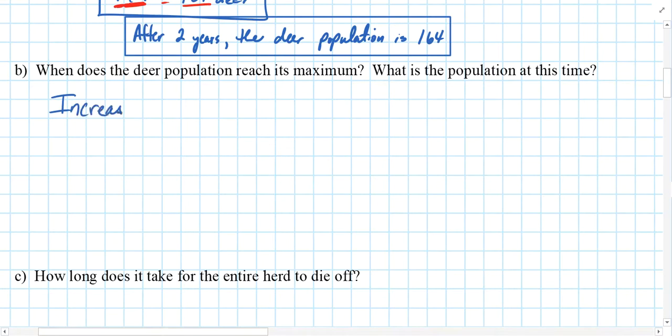Now remember, from our discussion in the last video, we noted that a maximum occurs when the graph changes from increasing to decreasing. So visually it would look something like this. If we've got a graph that's increasing from left to right, and it switches from increasing to decreasing as we continue to move from left to right, then this location at that transition is a maximum point.